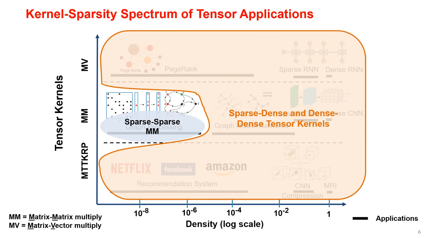If we look at the spectrum of these applications, we will realize that the majority of them make use of either a sparse-dense tensor kernel, where some operands are sparse and some others are dense, or a dense tensor kernel where all the operands are dense. There are few cases in which this does not hold, and those are sparse matrix multiplication and, equivalently, sparse matrix vector multiplication. Thus, in Tensaurus, we will try to cover a majority of these mixed sparse-dense tensor kernels.